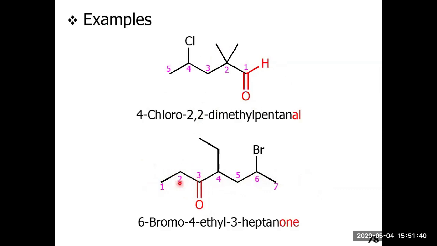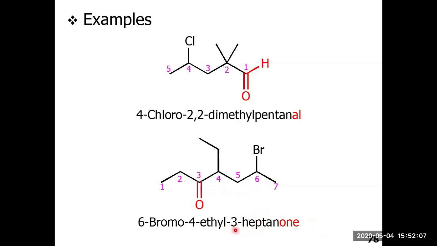How do we number this chain? So numbering starts at the end nearest the carbonyl carbon. So I should number starting from this carbon, going from left to right. For ketones, we should also indicate the location of the carbonyl carbon. So in this case, at carbon number 3, you have the carbonyl carbon there.